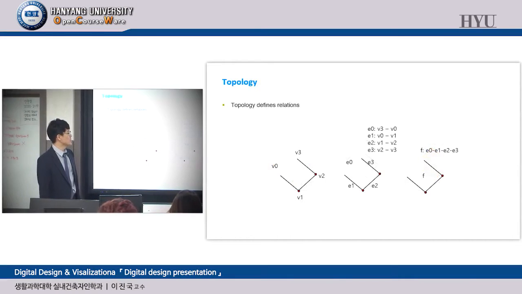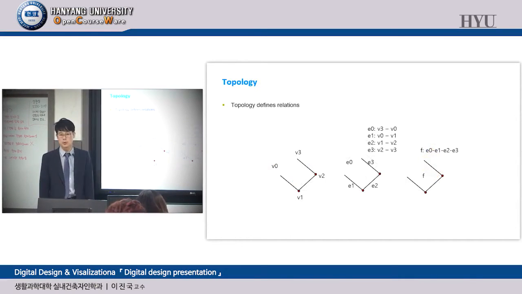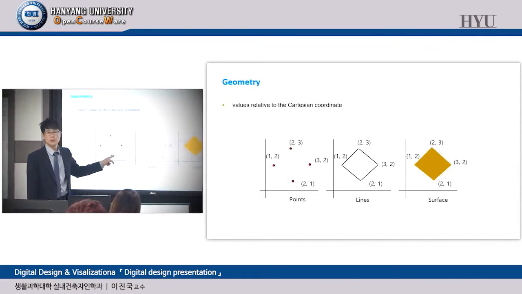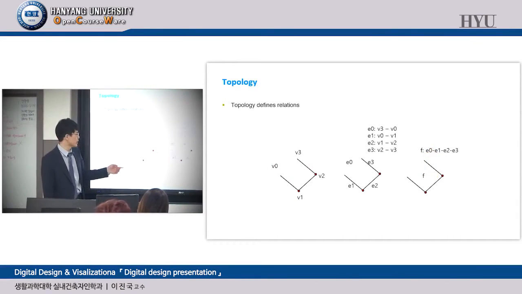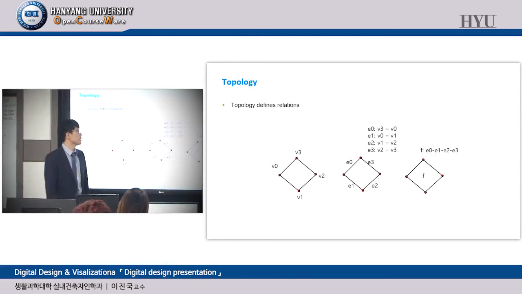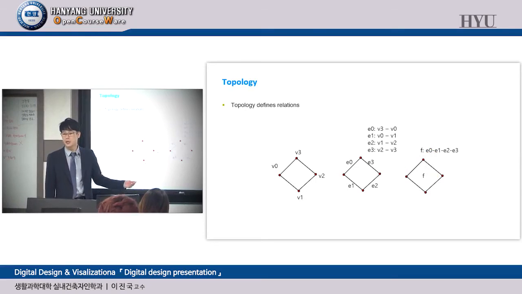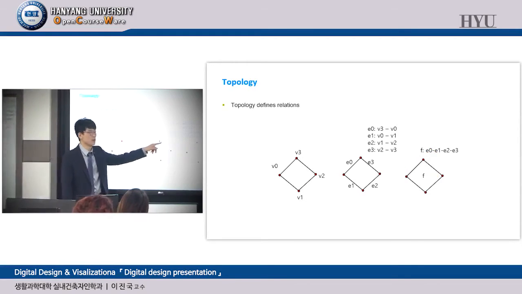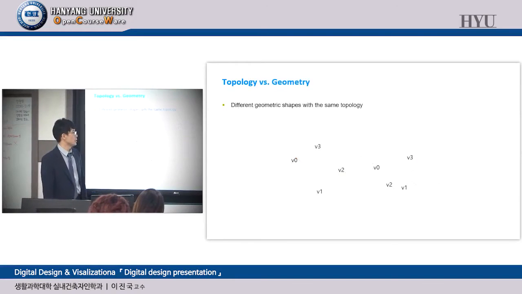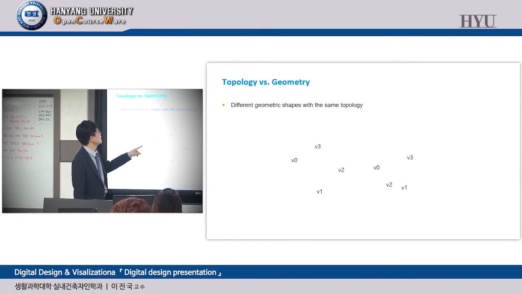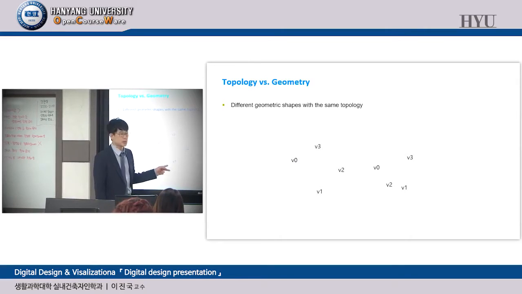So let's take a look at this one, topology. This is geometry, okay, which has coordinate points. How about topology? Take a look, this connection. Topology defines the relationship between vertices and edges and faces. Let's take a look at the comparison, topology versus geometry. The first thing is same topology.